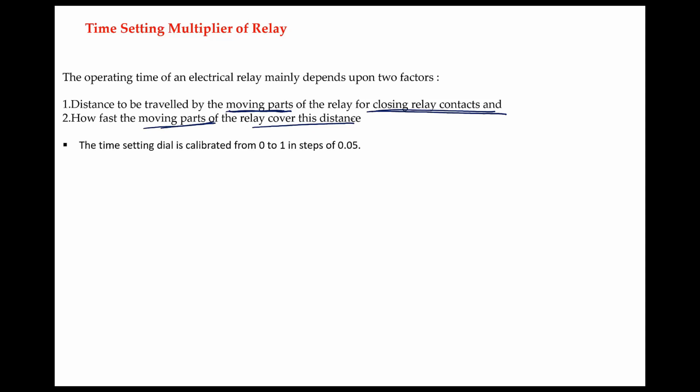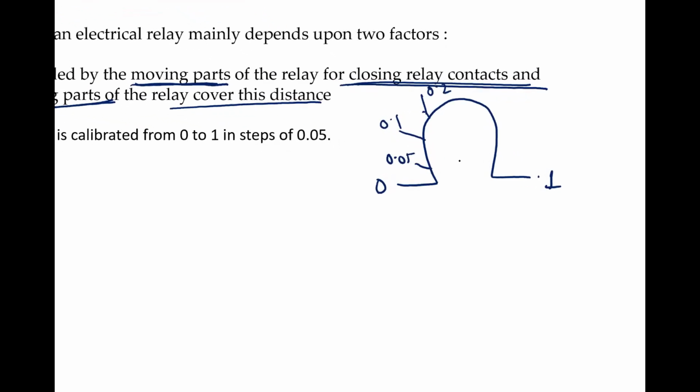Okay. In practice, there will be a dial-like structure or bar-like structure where you have values starting from 0 to 1, like 0.05, 0.1, 0.2, like this. One dial will be there.